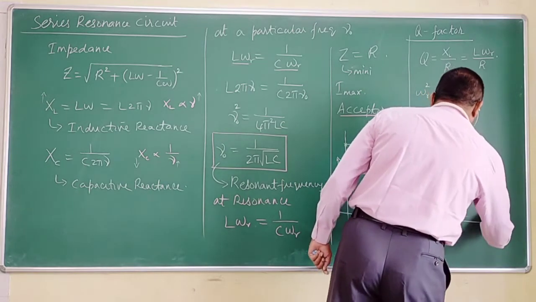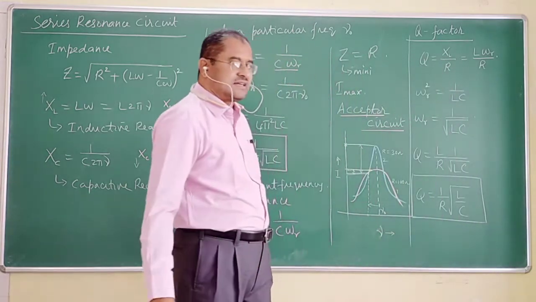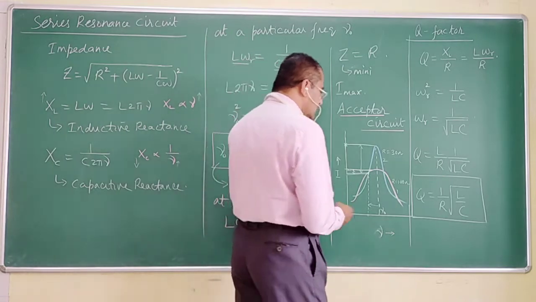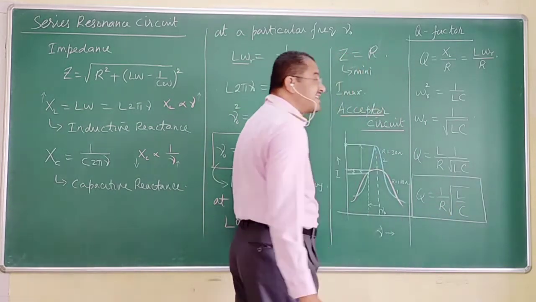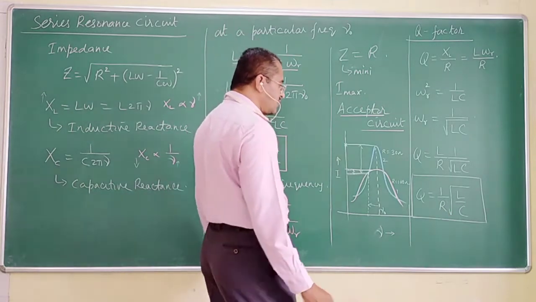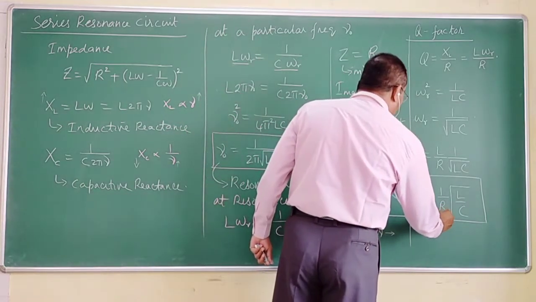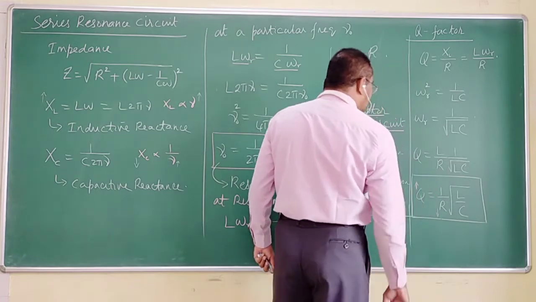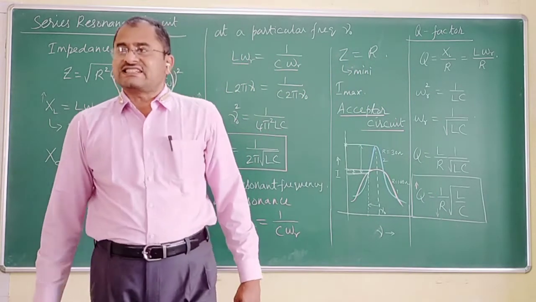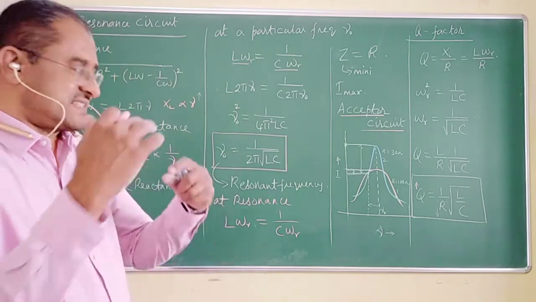And as has been seen in the graph, the quality factor depends on resistance inversely. Therefore, as the value of R decreases, the quality factor, the sharpness of resonance of an LCR circuit, increases.